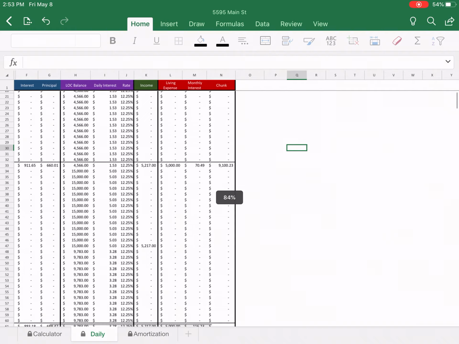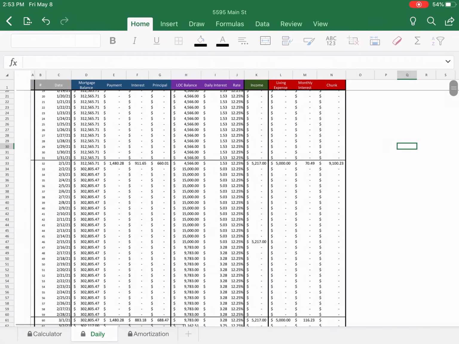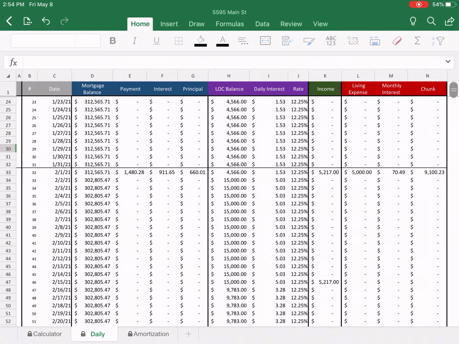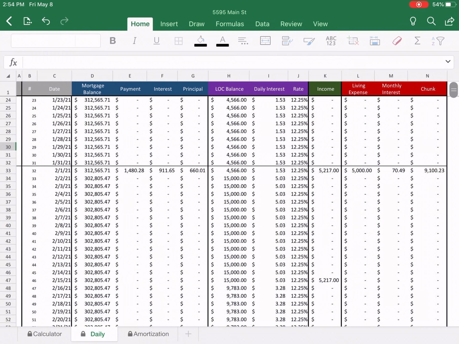So this one is really good. I like this one, but I just don't like how it's locked. Basically, it's showing you your payment, how much is going to interest, how much is going to principal, the line of credit balance, the daily interest, right? Each time it calculates.